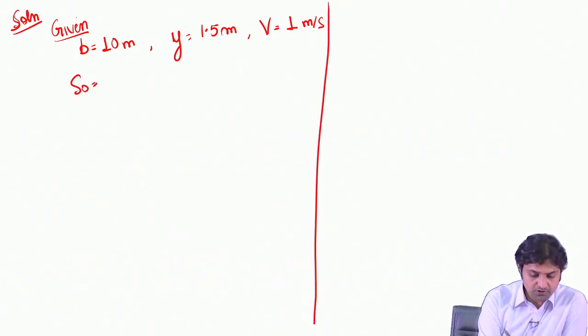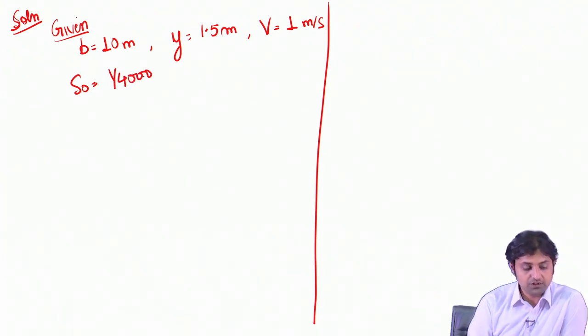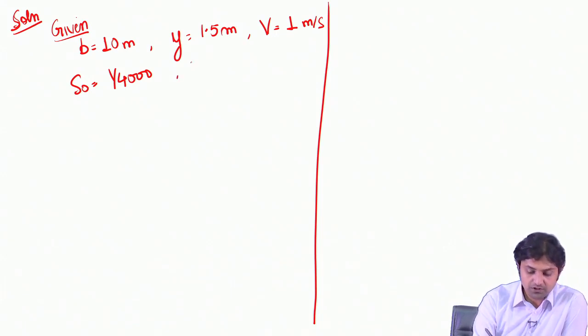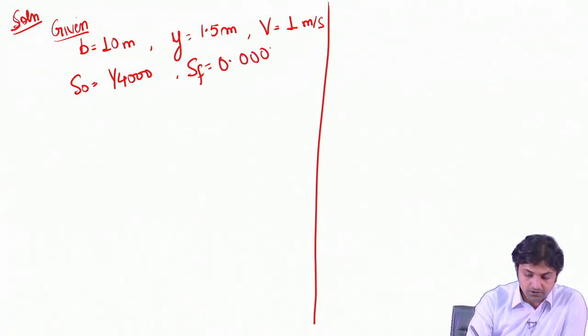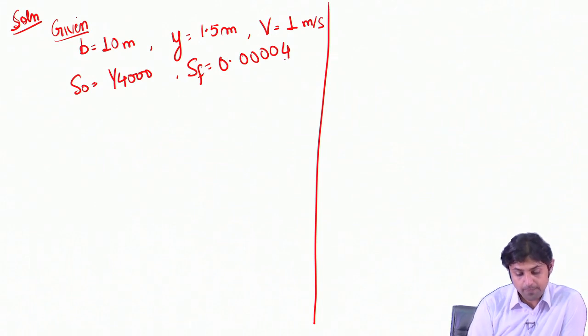The bed slope is also mentioned as 1 in 4000, so 1 by 4000 is the bed slope. The slope SF is also given, that is 0.00004. This is quite a simple thing.